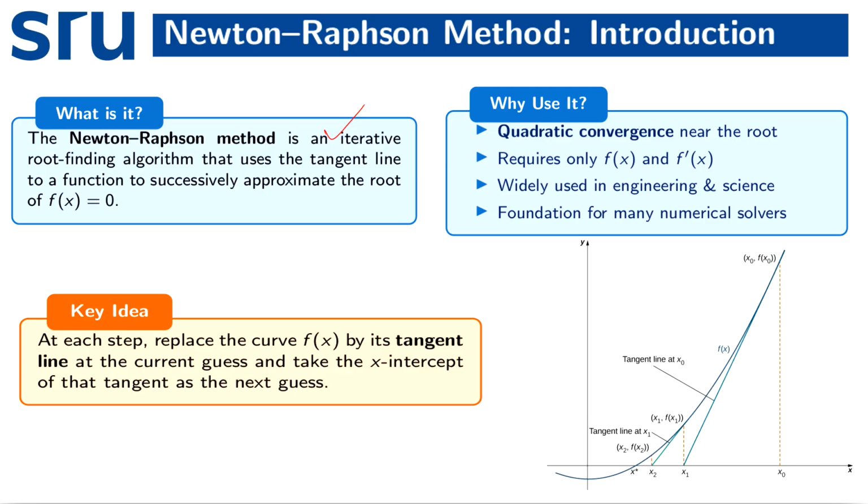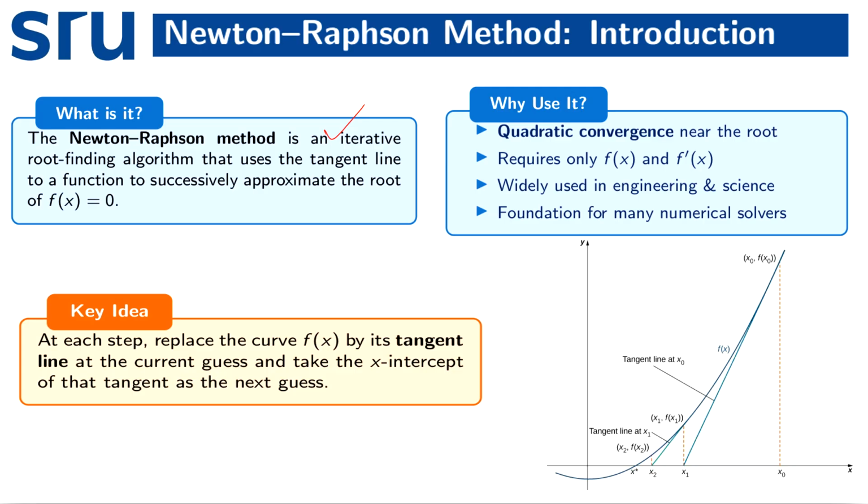Why do we use this method actually? There are four major reasons behind this. The first one is its very fast convergence. The Newton-Raphson method has something called quadratic convergence. What does that mean?